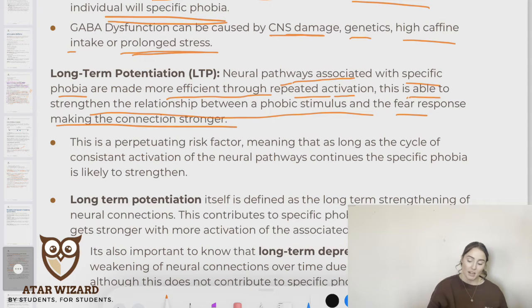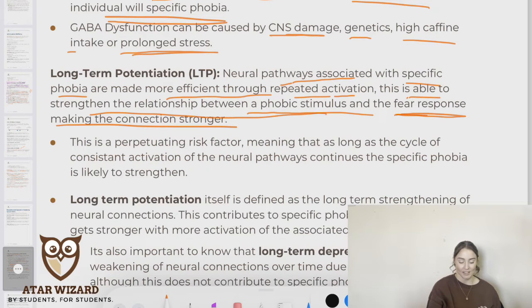So this repeated activation is going to increase the strength of the neural pathways, because this strengthens the relationship between the phobic stimulus and the fear response. So when neural pathways are strengthened through long-term potentiation, the activation of the neural pathway occurs in an easier or faster fashion. So it's easier for the neural pathway to be activated.